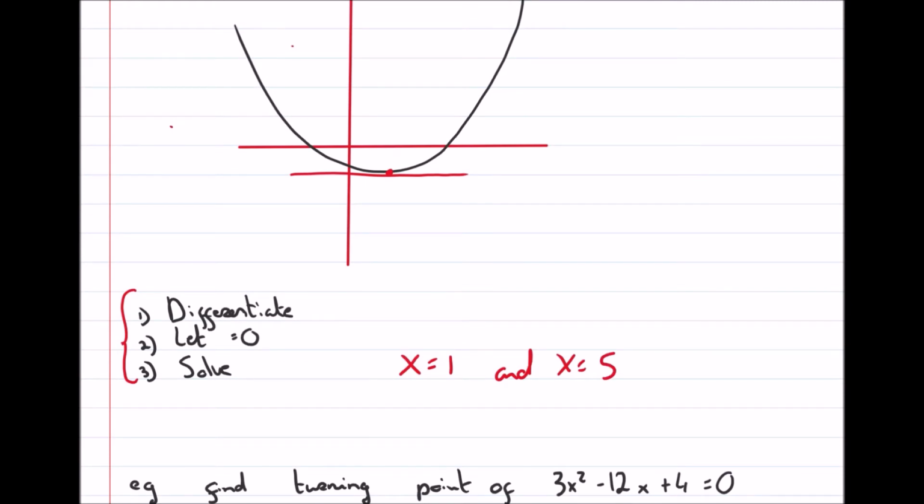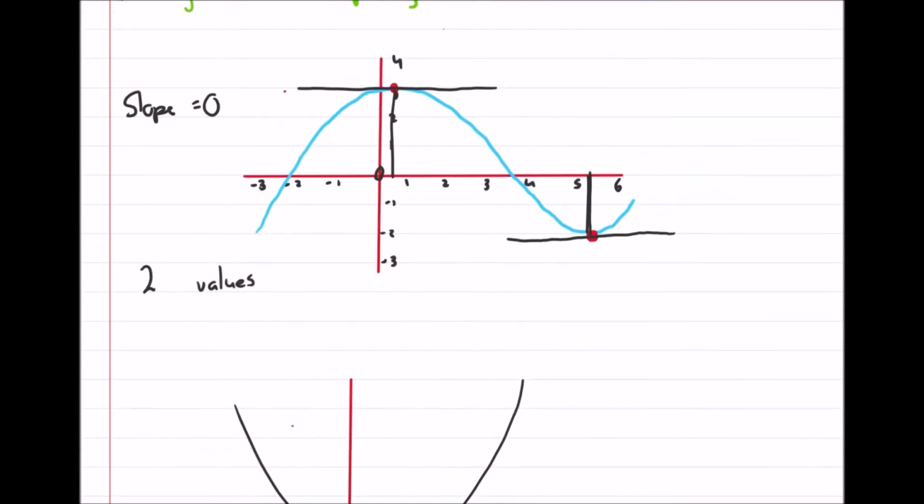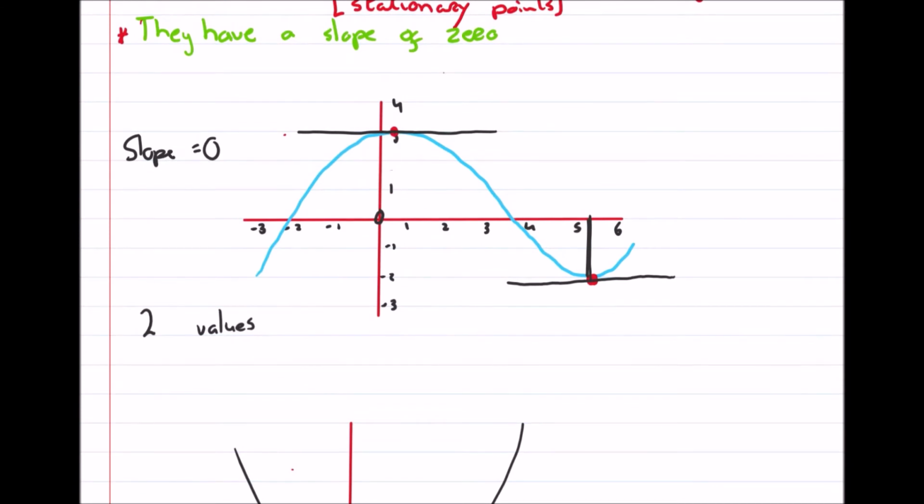What that would mean is that where x equals 1 is the one turning point, and where x equals 5 is the other turning point. It doesn't tell us though which one is the maximum and which one is the minimum. Only the x value where each can be found.